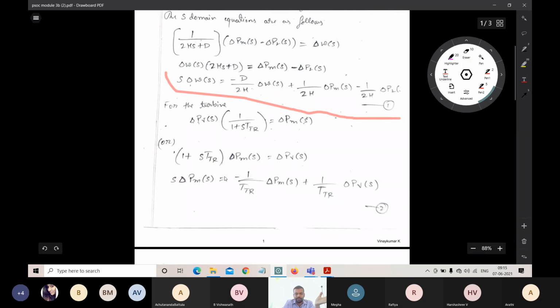s delta Pm of s is equal to, when we simplify, delta Pm of s into 1 plus sTTR.